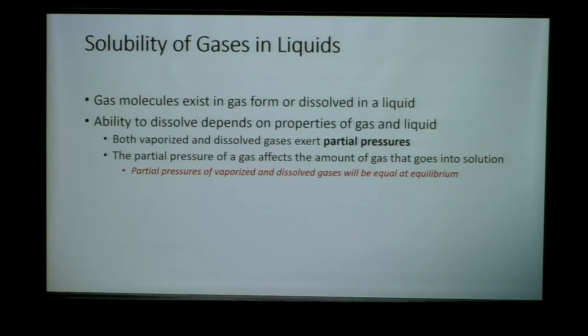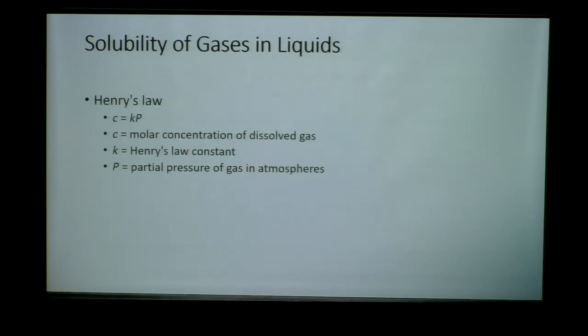And we'll look at an illustration that clears that up a little bit. So the partial pressures of the dissolved and the vaporized state should be at equilibrium in order for those gas particles to move from their vaporized state into their liquid state.